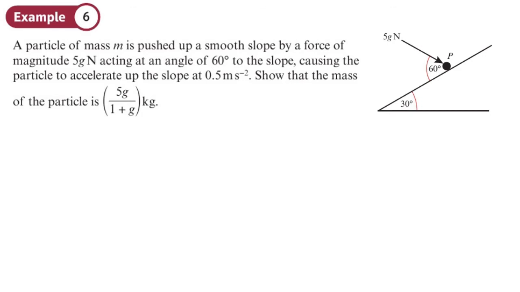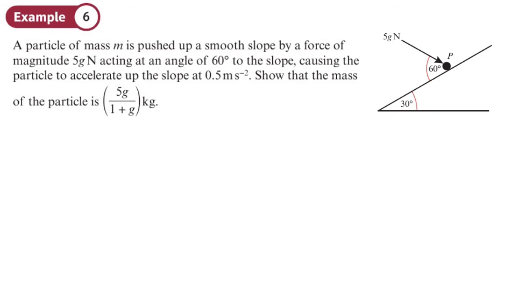Right. Here we go. A particle of mass m is pushed up a slope by a force which is acting at an angle, and it's causing it to accelerate. Show that the mass of the particle is that. First thing, put all your forces on the diagram.